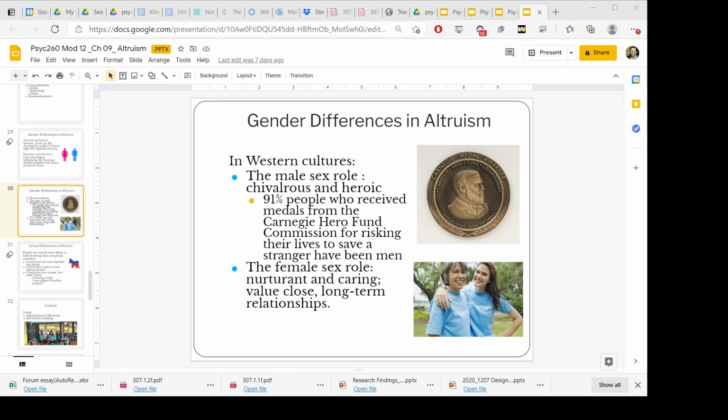For example, when you think of a long-term caretaker of an individual, you might think of a woman instead of a man. Similarly, when you think about someone who might volunteer in their community, at a food pantry, for example, a high percentage of those people are women.